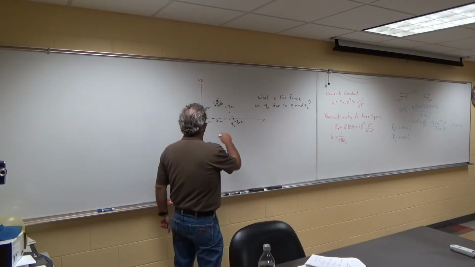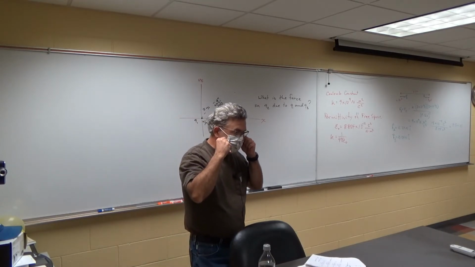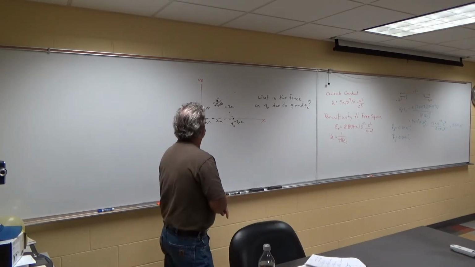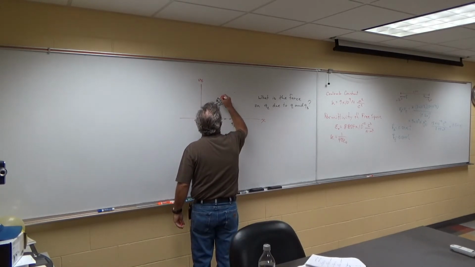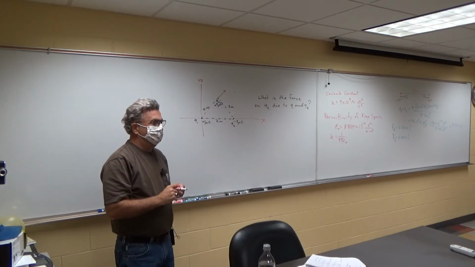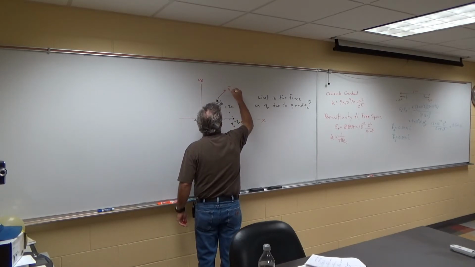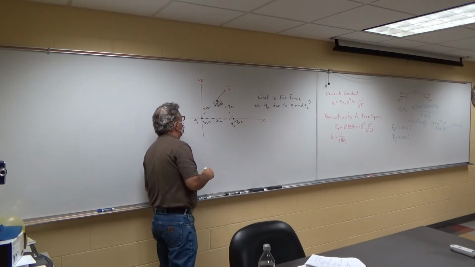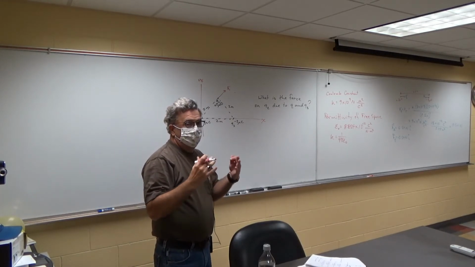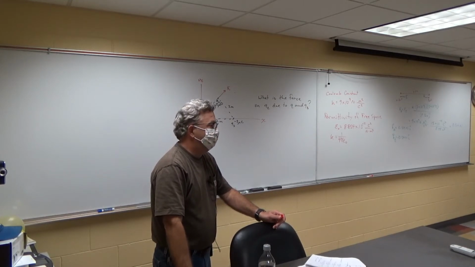What's the force on Q2 due to Q1? What's the direction of the force? Yeah, so it's this way, right? I'm going to call that F1. Now, I could call it F12 or F21 or something fancy, but that's the force due to charge 1.